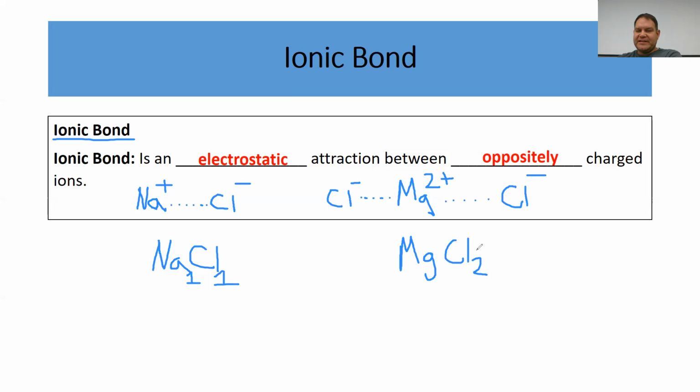So in this case, we needed 2 chlorine atoms to balance out 1 magnesium atom. So we have a ratio of 2 chlorines to 1 magnesium, or a 2-to-1 ratio there, okay? Hopefully that makes sense. So the ratio is important in an ionic bonding situation, because the ratio indicates how many atoms we needed to offset those charges, all right?